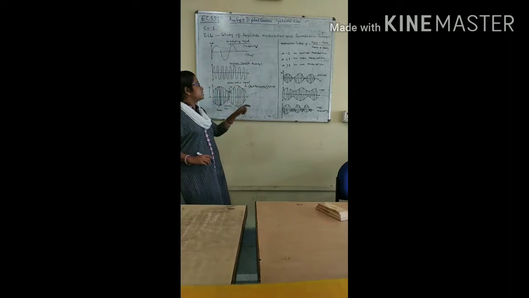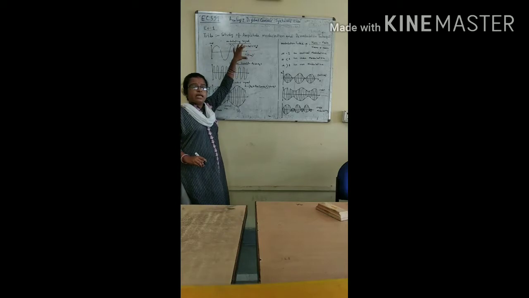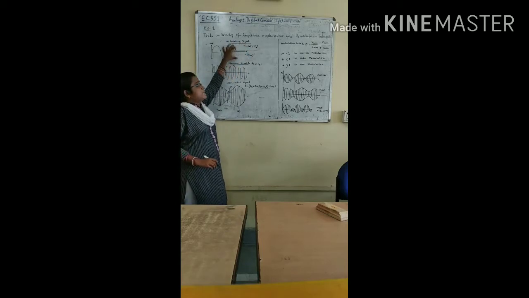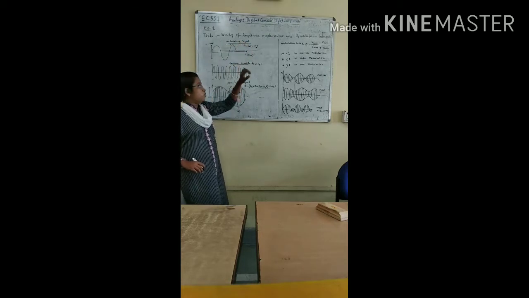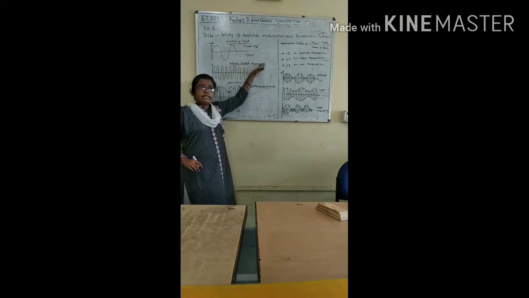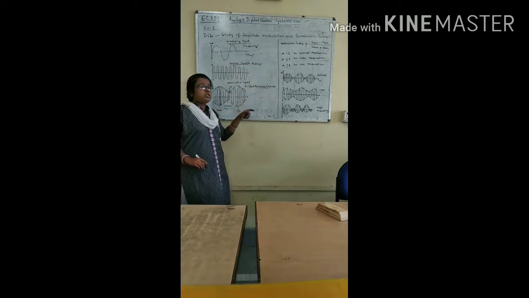Another reason is that the wavelength of the message signal is high, and the antenna size required to transmit these signals is also large. When the frequency increases, the wavelength decreases, and the antenna size also decreases.